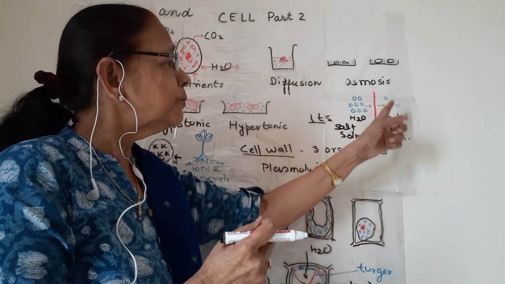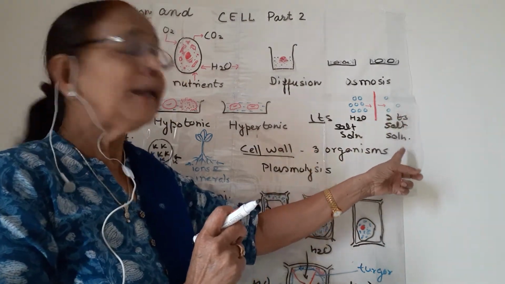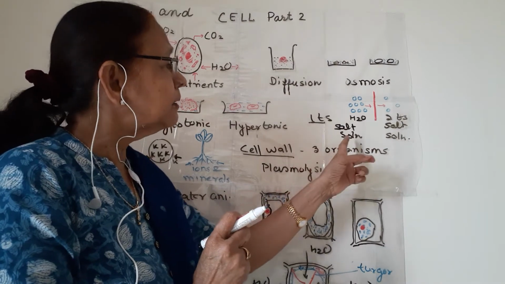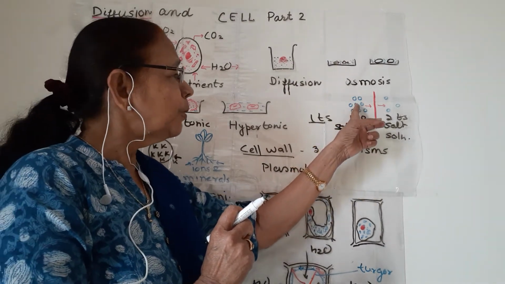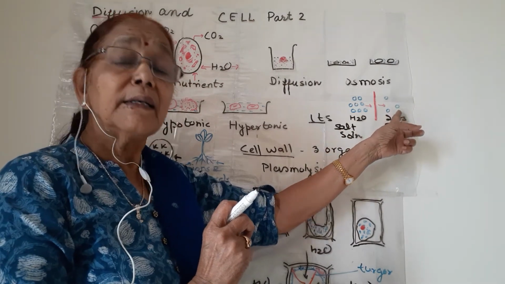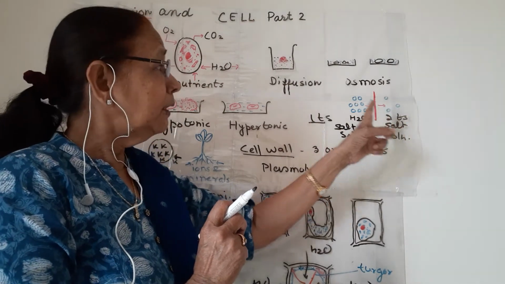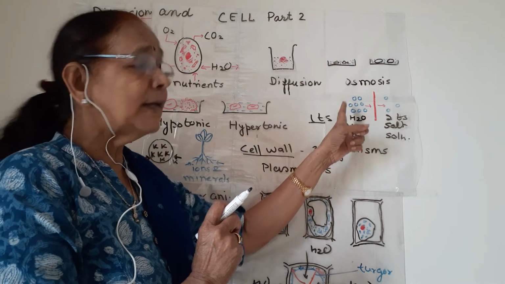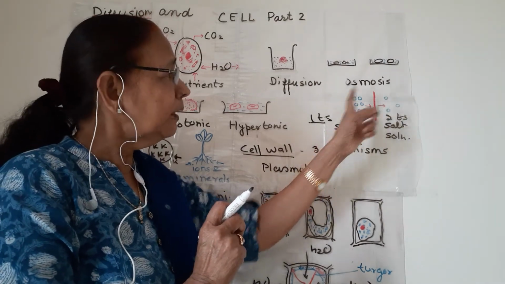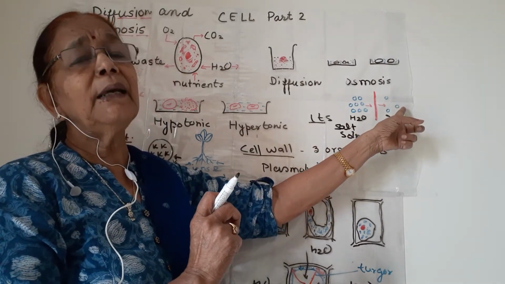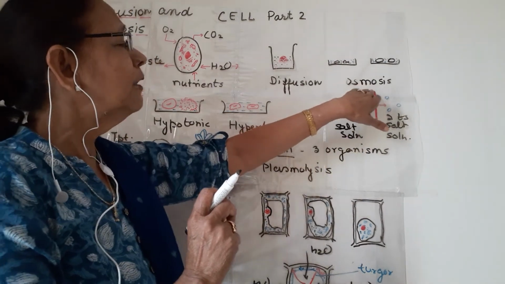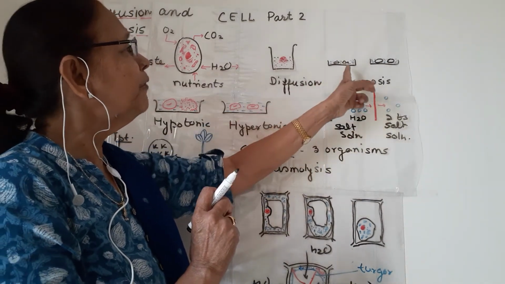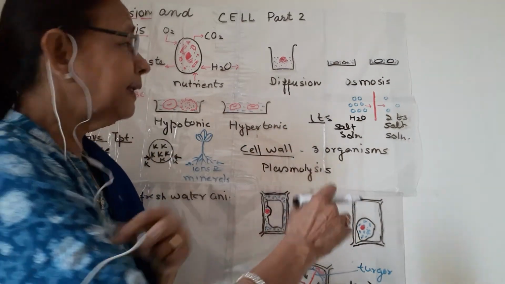If the salt is more, then water will be less. If the salt is less, then water will be more. So this will be a dilute solution and this will be a concentrated solution. But the water particles will be less here, more here. So this is osmosis.